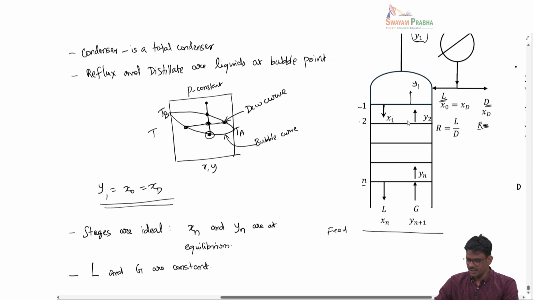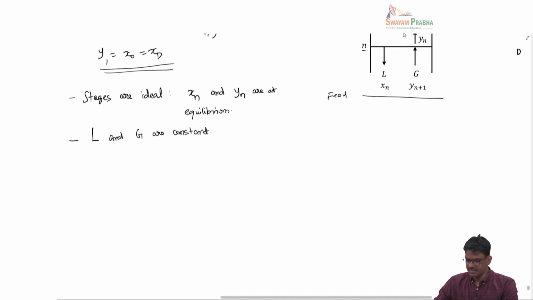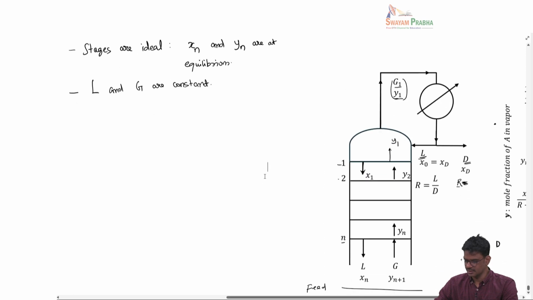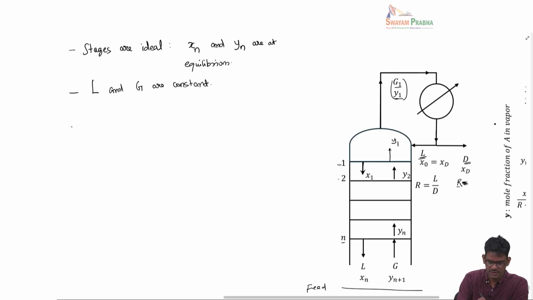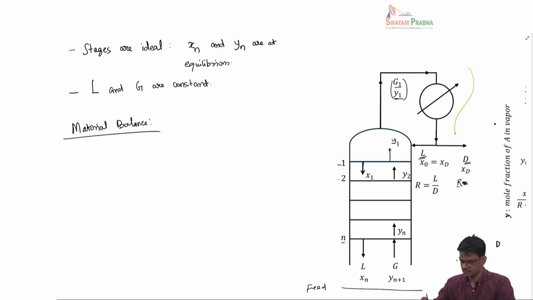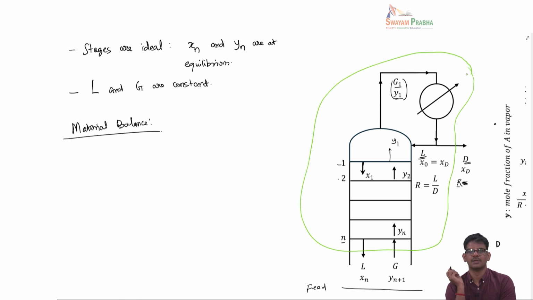So from now on, all we are going to do is a mass balance. So let's do a material balance here. I have drawn a control surface here, and I am trying to write the material balance.